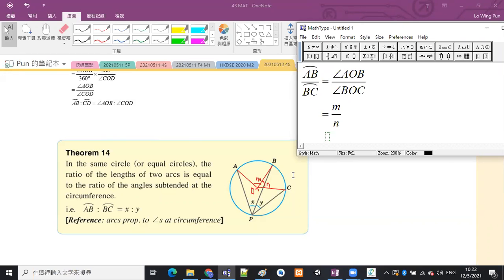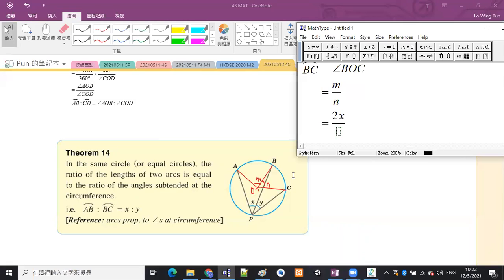Now, what is x? m is equal to 2 times x. Can you see this? m is equal to 2 times x because of angle at center twice angle at circumference. The x is also looking at the arc AB, and the m is also looking at the arc AB.